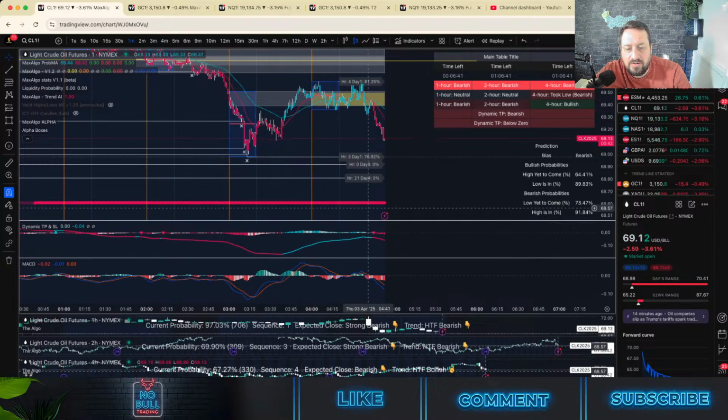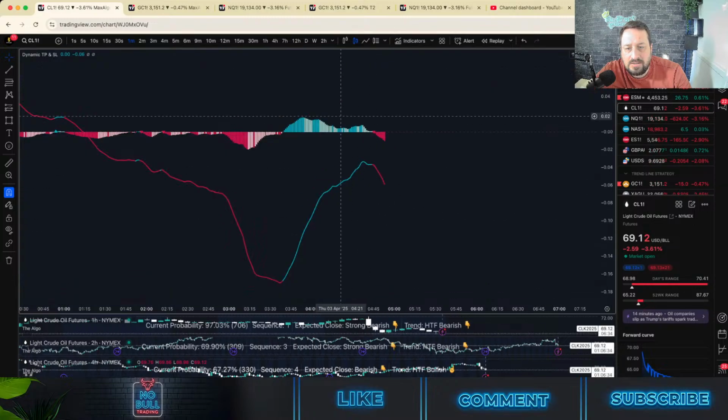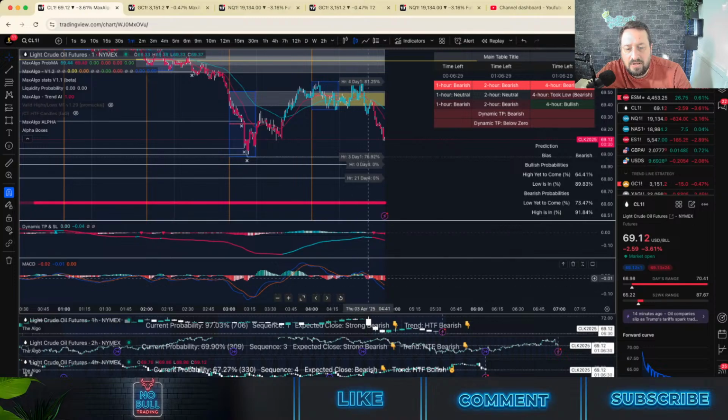Dynamic TP 0. We were messing around in the box, and then we see dynamic TP come into that zero line. We come under the zero line, nice correction here, and then we go red again, and dynamic TP changes.